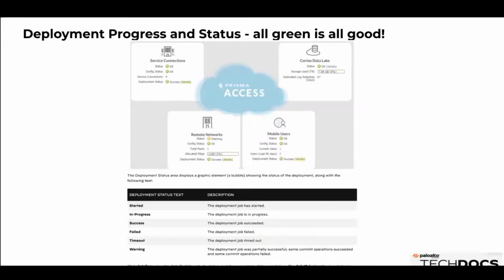If all status is showing green, all is good. You can also see the deployment progress and status. Once you perform the commit, it will show you here job started, progress, successful, failed, or timeout due to reasons, and warning signs also.